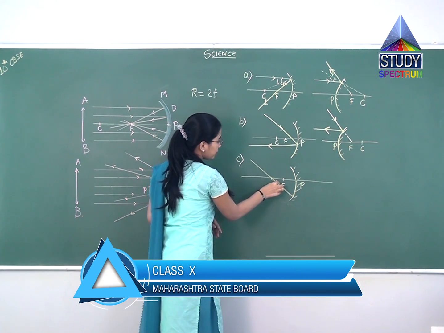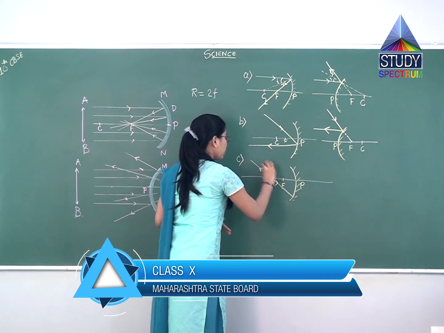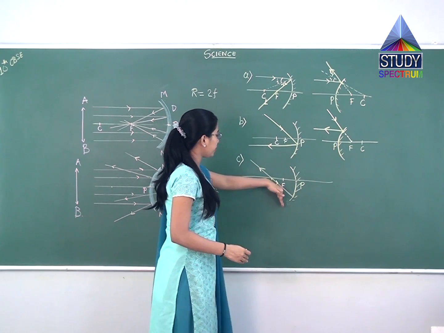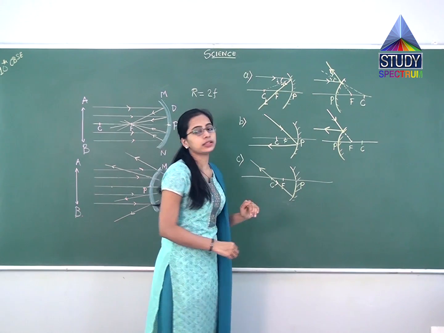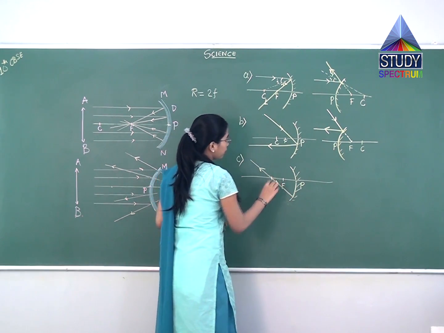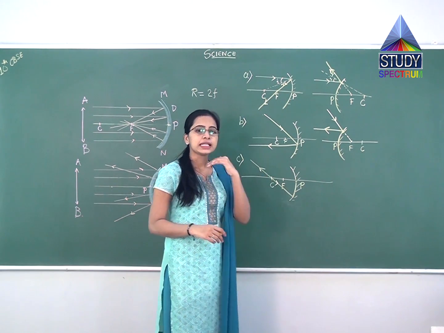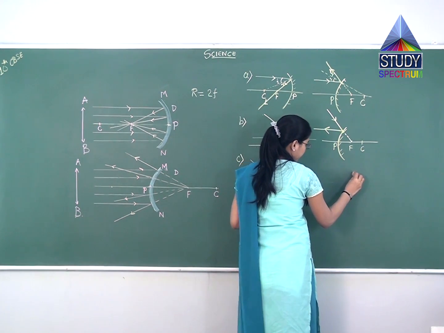And it is observed that it will reflect along the same path, means the reflecting ray is traveling on the incident ray. So this is the case of reflection here. If the incident ray is passing through the center of curvature, the same thing is happening for the convex lens.